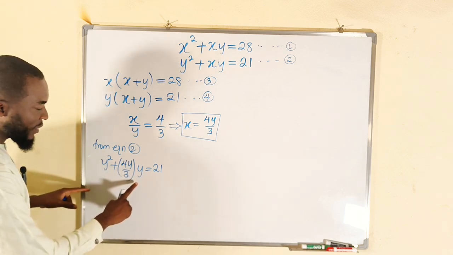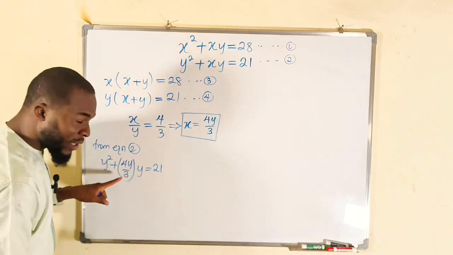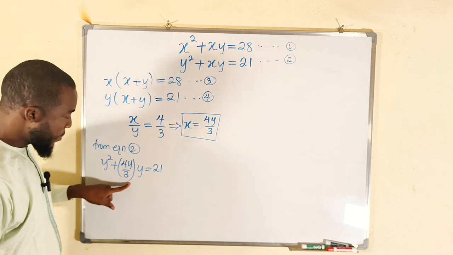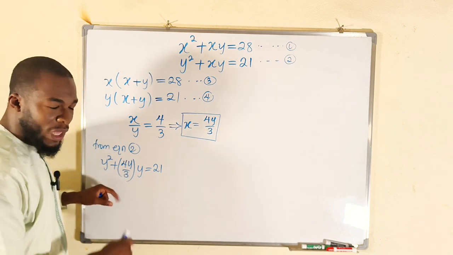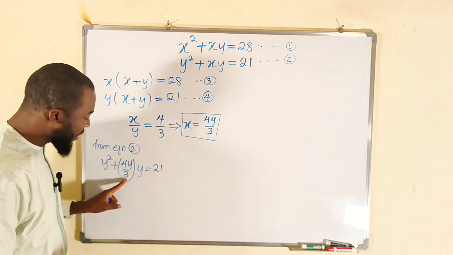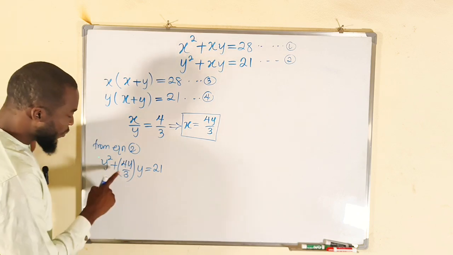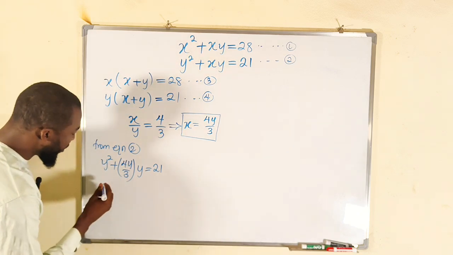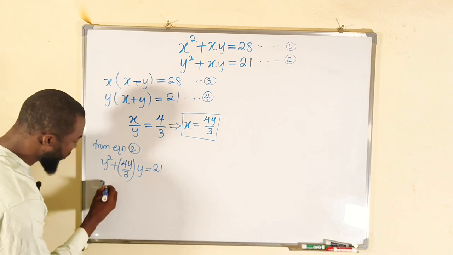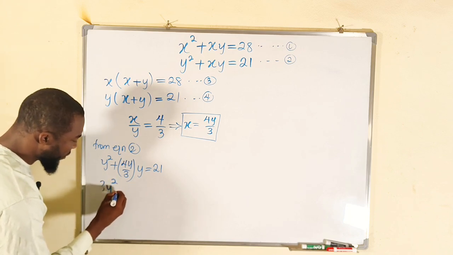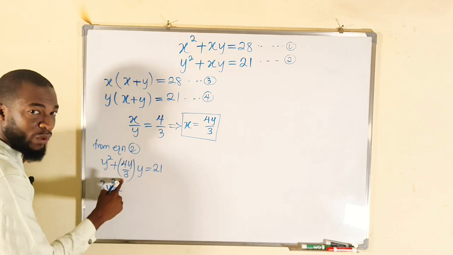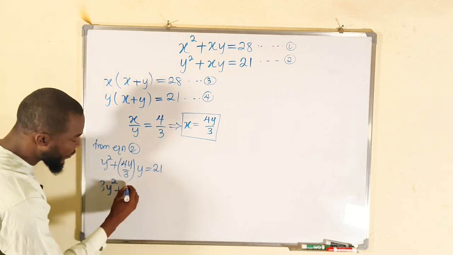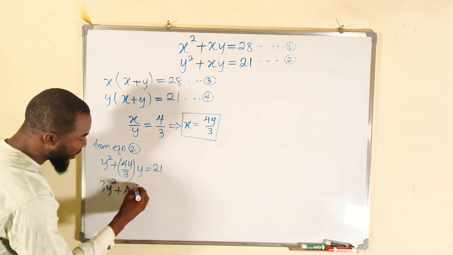Once you expand, you have 4y squared divided by 3 here. But since we have a fraction, we can multiply every single term by 3 just to clear the fraction. So 3 times y squared gives us 3y squared, plus 3 times this will cancel the 3, leaving only the numerator 4y squared.